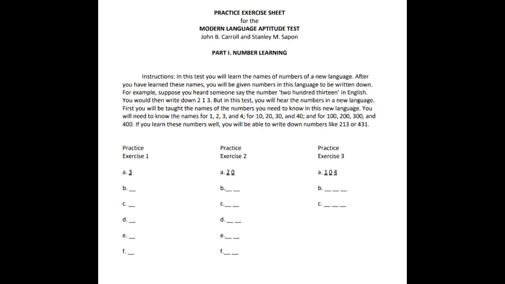Now we will learn the names for the hundreds. Tijkanum is 100. Melkanum is 200. Redkanum is 300. Shermkanum is 400. Now look at practice exercise number 3.